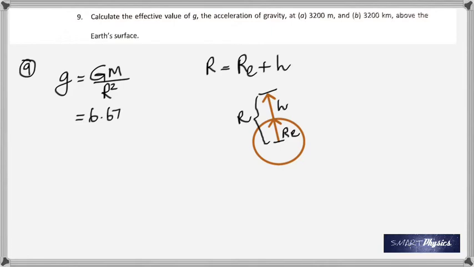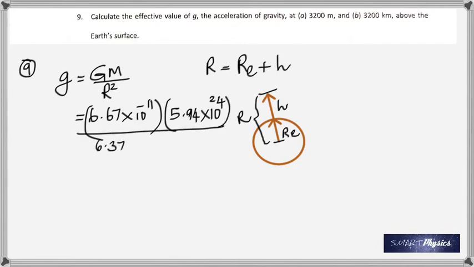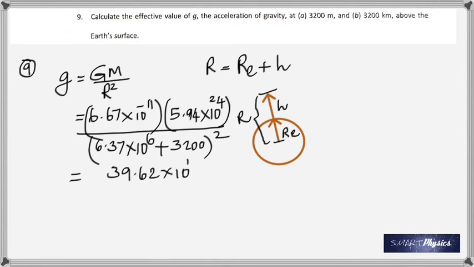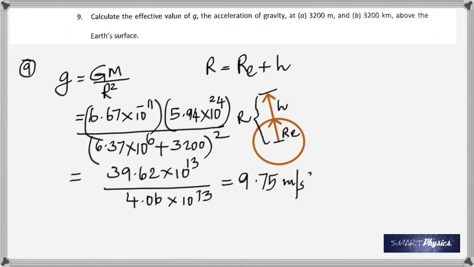That's the gravitational constant. That is the mass of the earth which will be given to you. And when you add 3200 meter to the radius of the earth, which is again given, and calculate, you get 9.75 meter per second squared.